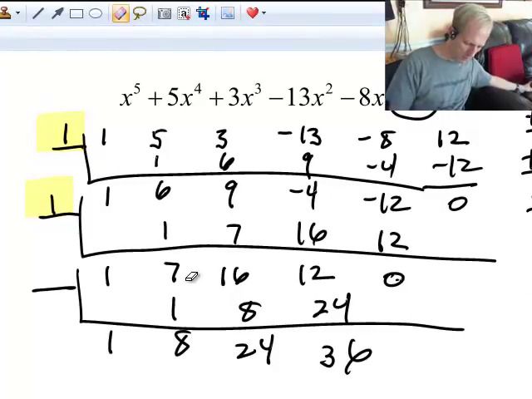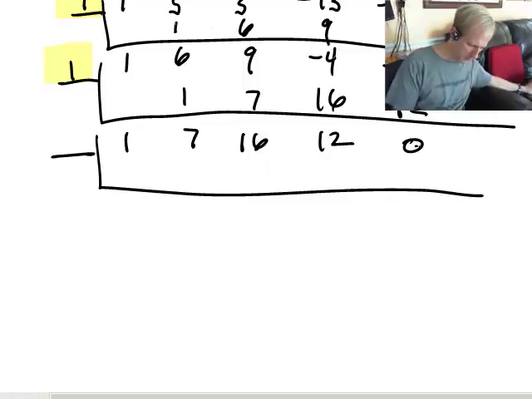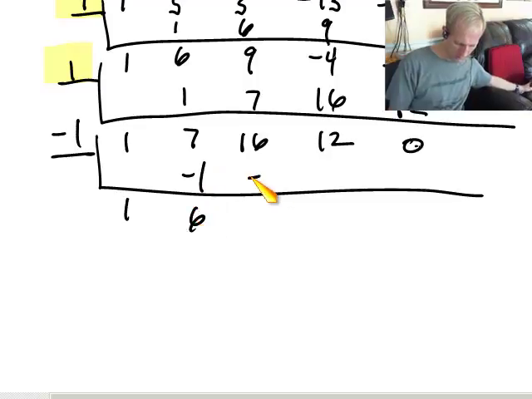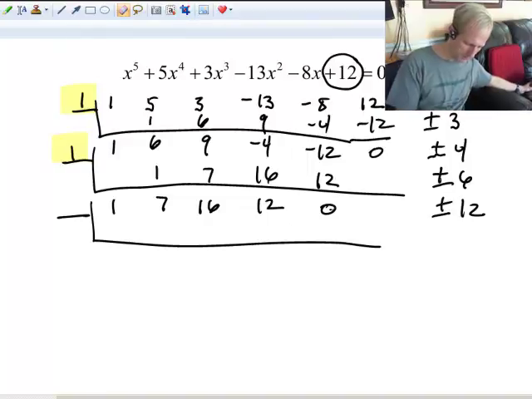So let me try negative 1. Let's see if negative 1 works. Nope, negative 1 does not work. I get a remainder of 2. So let me move on to 2.